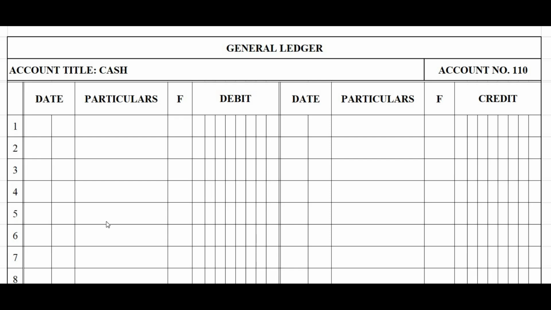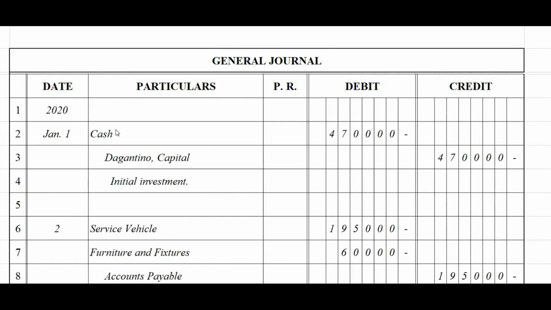So to start posting, what you have to do is go first to your general journal. This is our general journal, our transactions that we recorded earlier. So per transaction, per journal entry, you just have to transfer them to your general ledger.